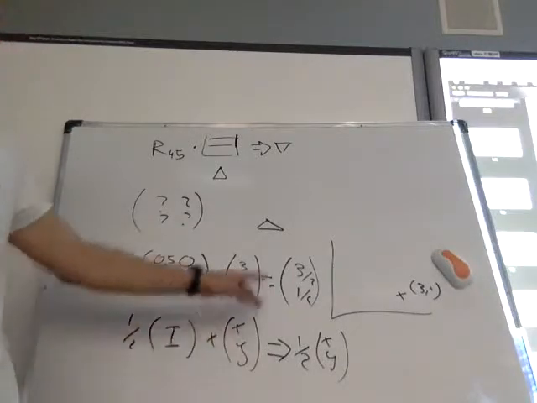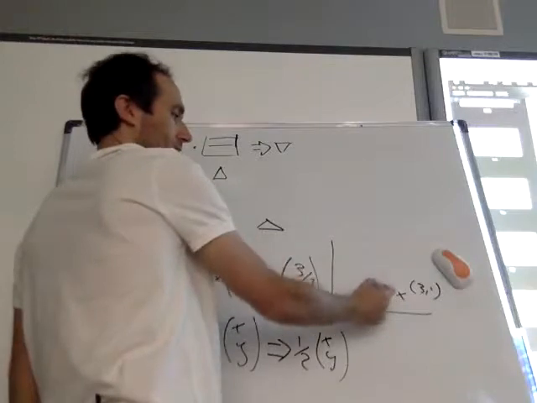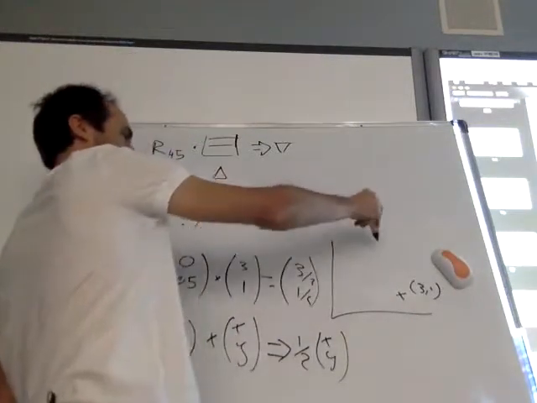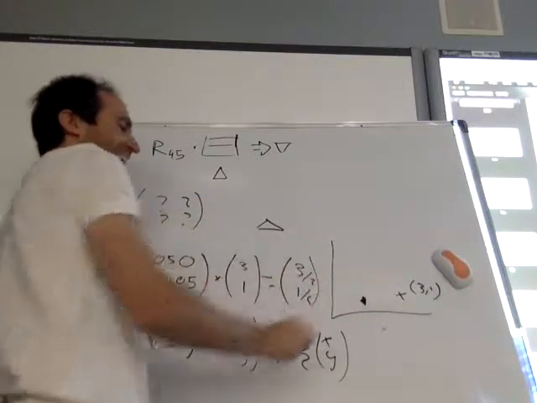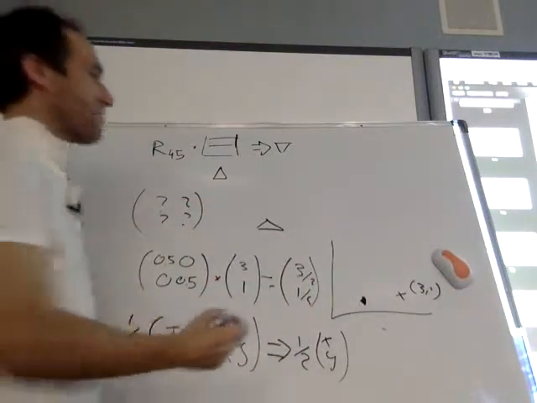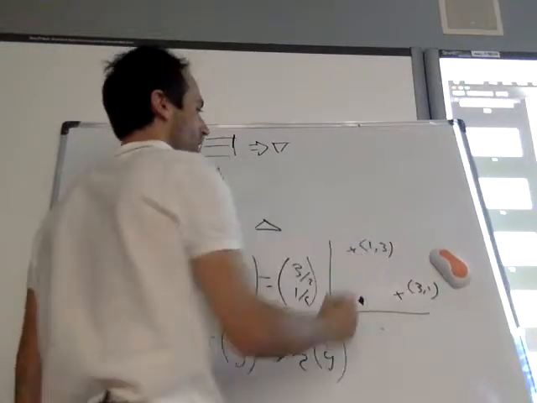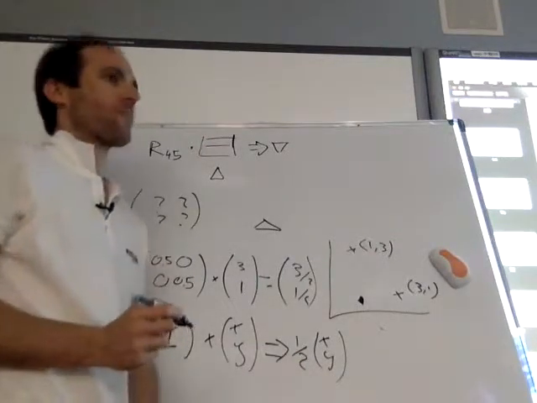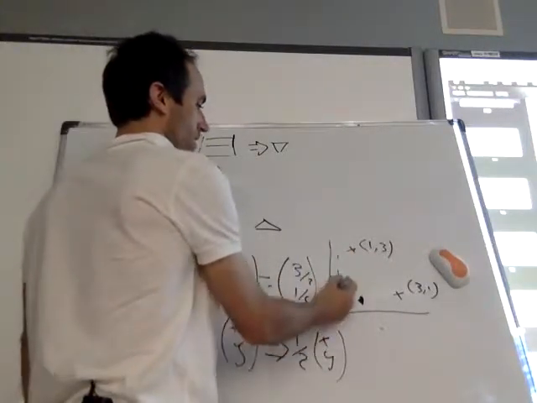What does it mean, 0.5 in this case? Where do I draw this? Tell me hot or cold. It's here. It will be here, right? And what happens with the point 1, 3? Where will it go? 0.5 and half.